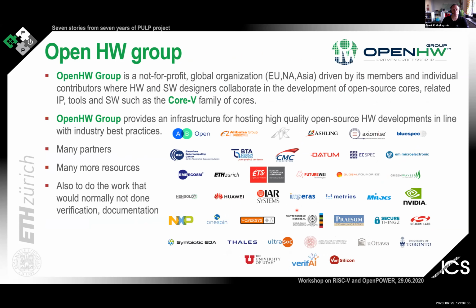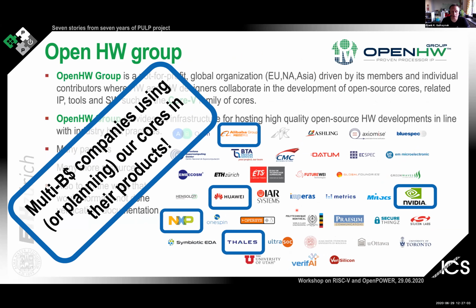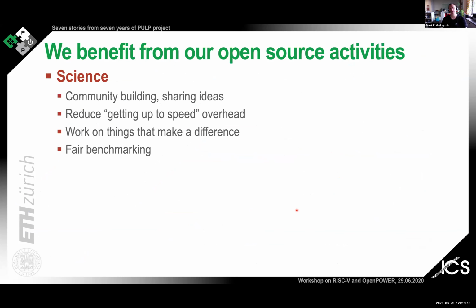They have many more resources than we do, and they are doing work that we would not be able to do alone. The list is alphabetic, but if you look closely, you might notice some smaller companies hiding in between them. And it is really important that the resources and the interests of these companies are in these things, because this will help everyone.